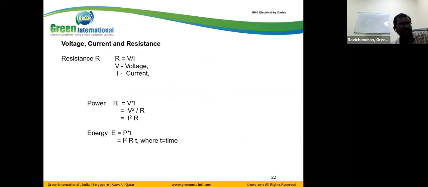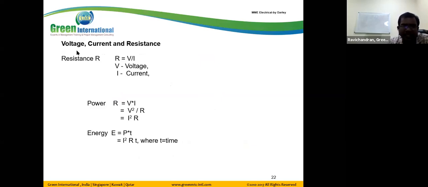Voltage, current, and resistance. The formulas are related to this area. From Ohm's law, we are familiar with resistance, voltage, current, and power.